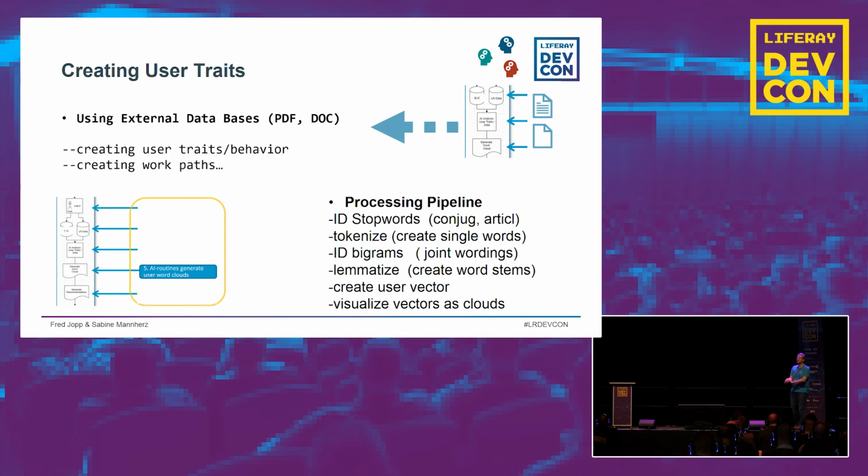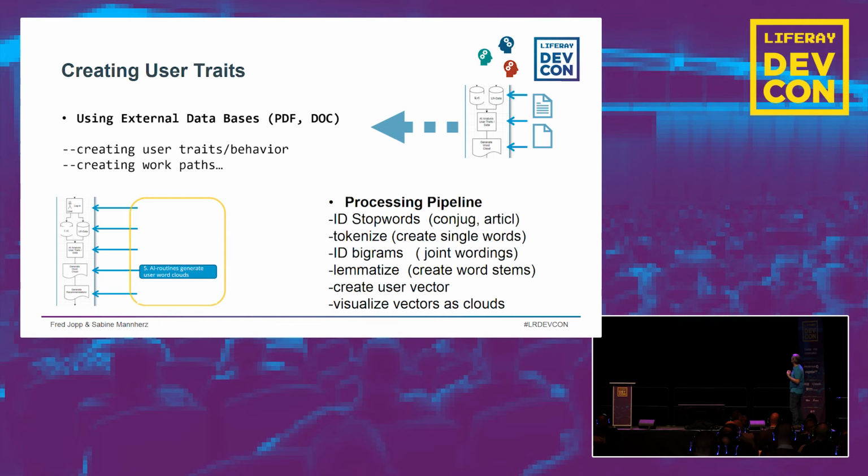Then, for instance, identify the words that always come together, like human resources, like research institute. So these are combinations which classically play a role in the context of a business portal and have these joint wordings.